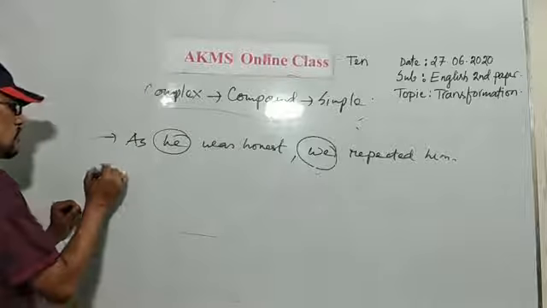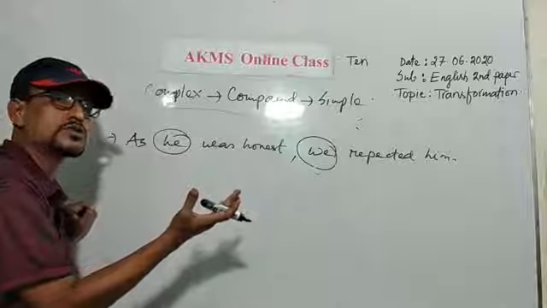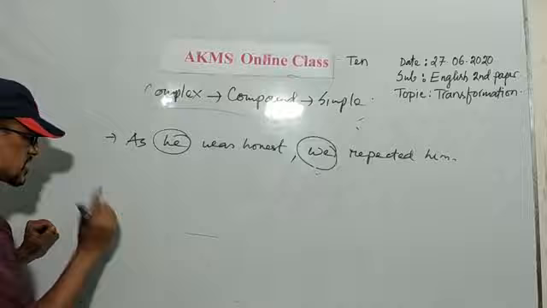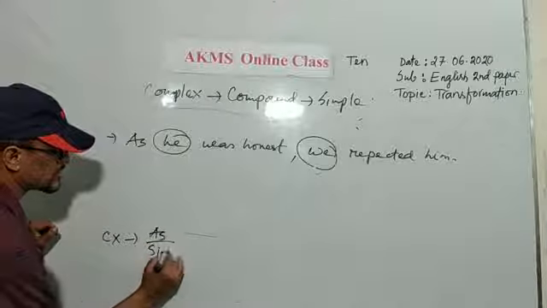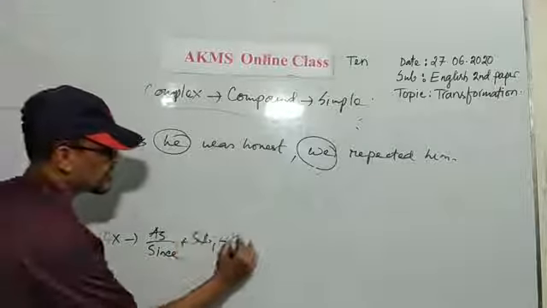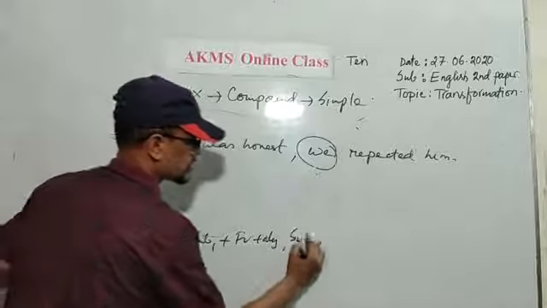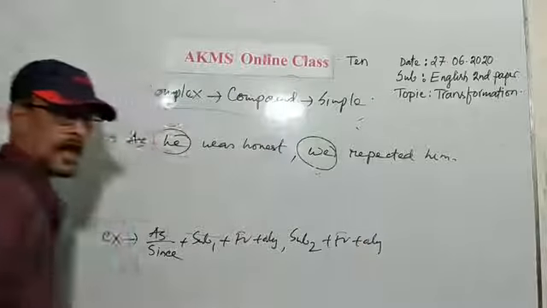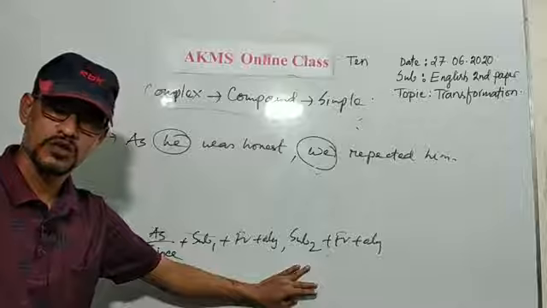Now, if you are asked to transform it into a compound sentence, first I am going to write the structure of the complex sentence. I have used as for since, then subject 1, finite verb, object, punctuation mark, subject 2, finite verb and object. I have not used the same subject for the two clauses.